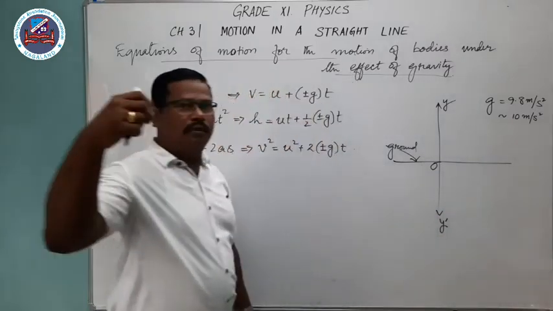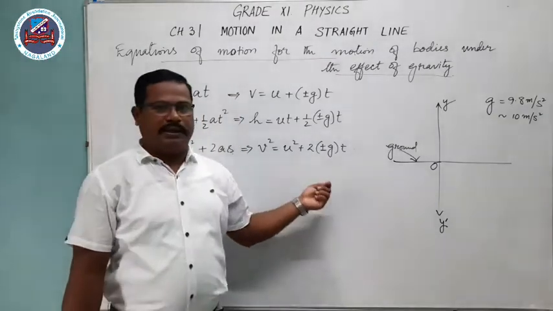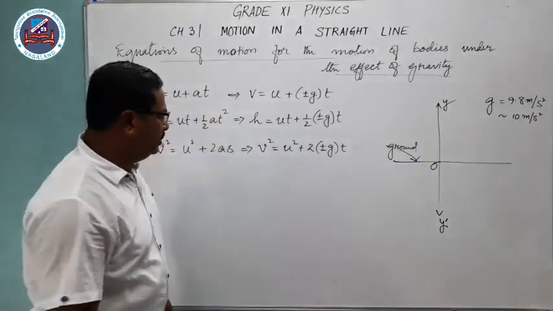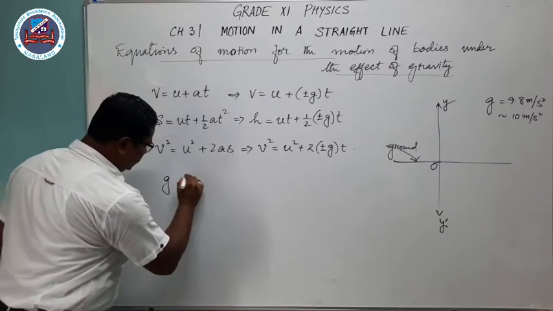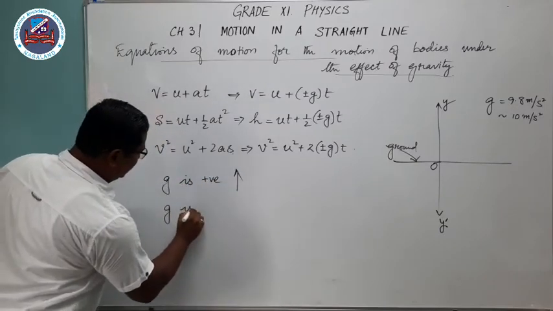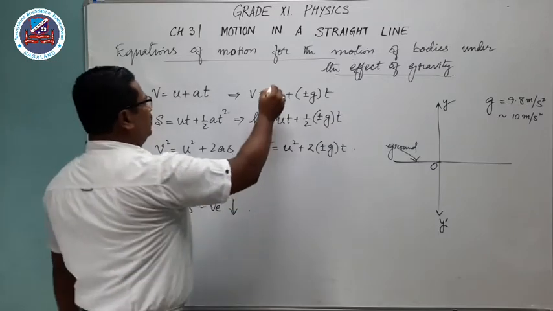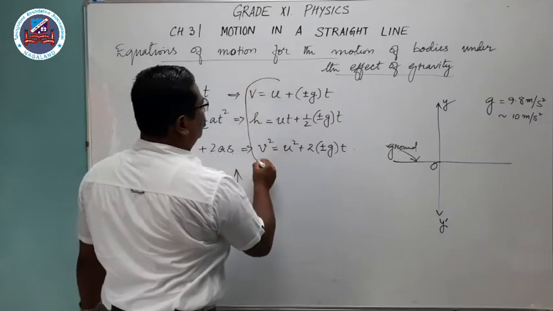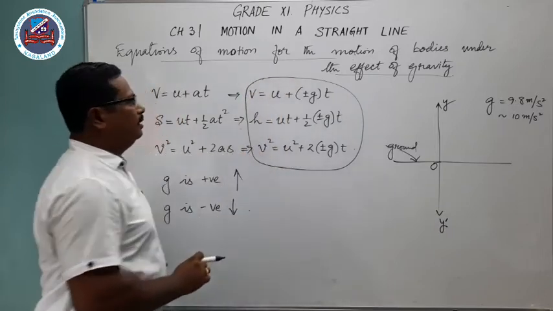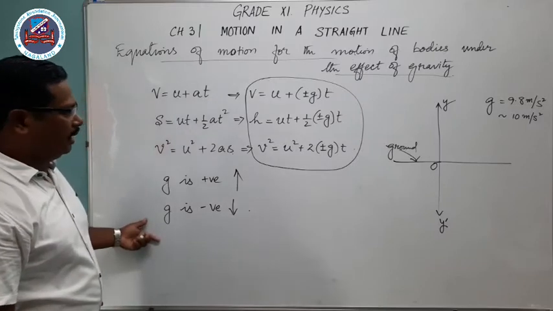It is for falling of objects under gravity. If the body goes up, g is taken as positive, and if the body comes down, we take g as negative. So these are the equations of motion for a body moving under the effect of gravity, when it is going up or coming down towards the earth.